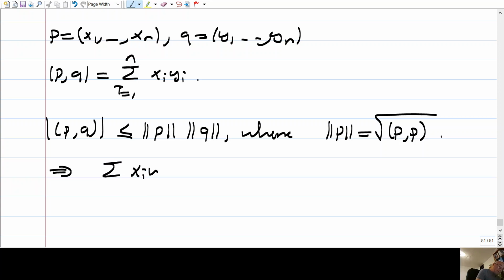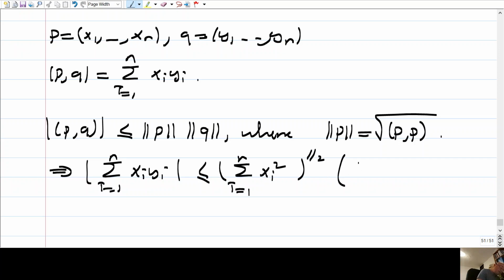The absolute value of the sum of xi yi, i from 1 up to n, is always less than or equal to the norm of P, the square root of the inner product of the vector with itself, which is just the sum of squares of the components of the vector P. And this is the Cauchy-Schwarz inequality.